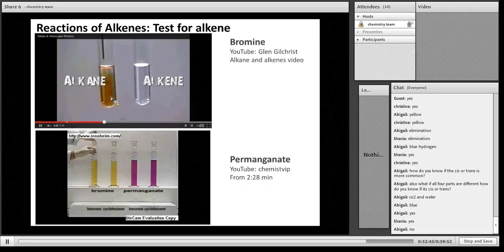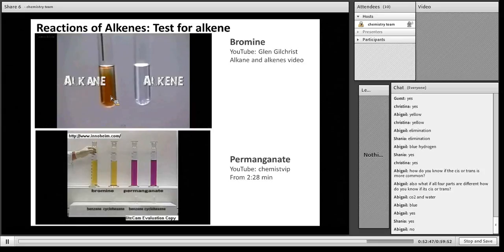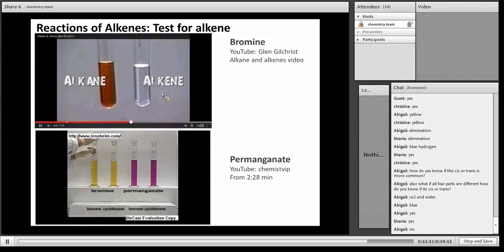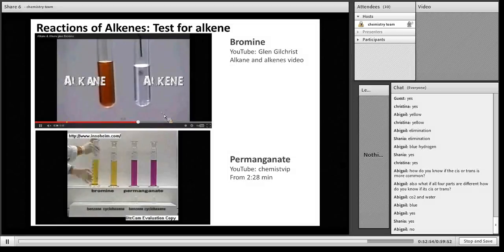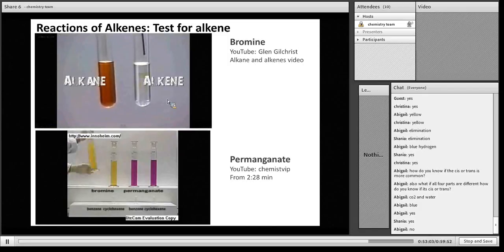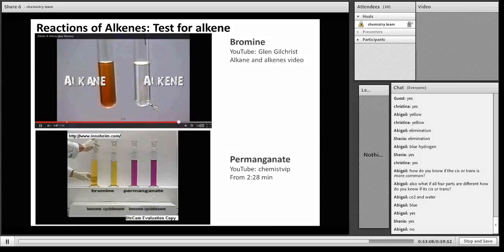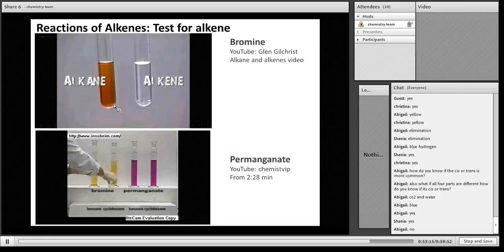Because as I say, it does do halogenation as well, but it's slow, and you normally need UV light as a catalyst. But if we put it into the alkene, so can you see how instantly that brown color goes? So that is the test for an alkene, where the reddish-brown bromine decolorizes immediately. An alkane, with time, will get paler and paler and paler until it disappears. Any organic compound actually will.